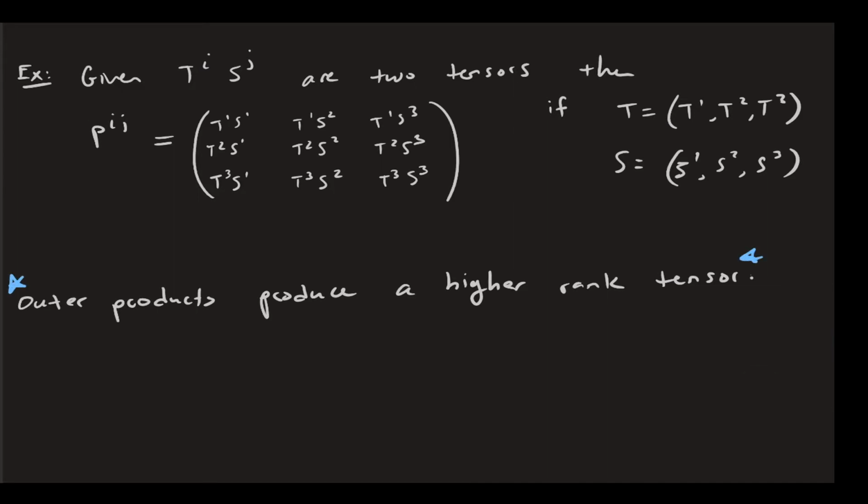It produces a tensor with more components, or more directions, or more indices. Notice we had vectors basically to start with, vector fields, and we ended up with a matrix field by taking all the possible multiplications of the tensor components, and that produced a two-dimensional matrix. All right, so that's the outer product.